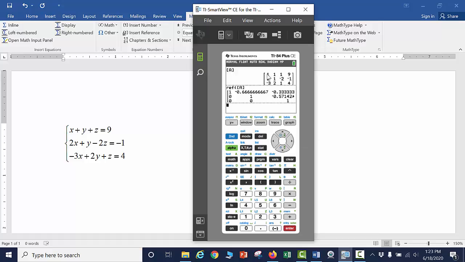So the original matrix we had the column for the X's, the Y's, and the Z's. We still have that, but now you notice we have 1X minus 2/3 Y minus 1/3 Z equals whatever over there. Now I don't like all those decimals, so let me go here to math and just convert that to a fraction. I'll enter that.